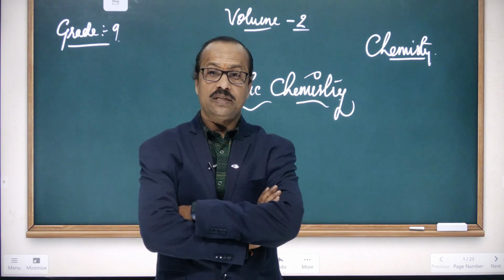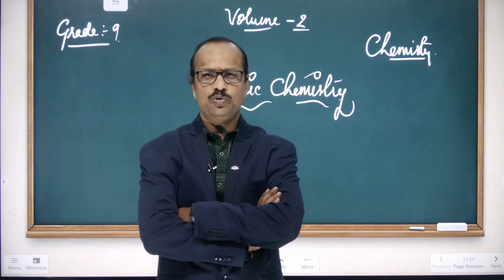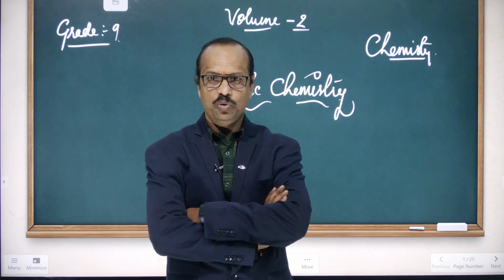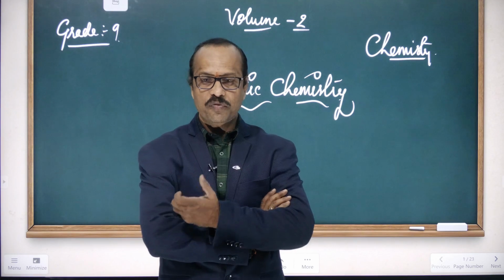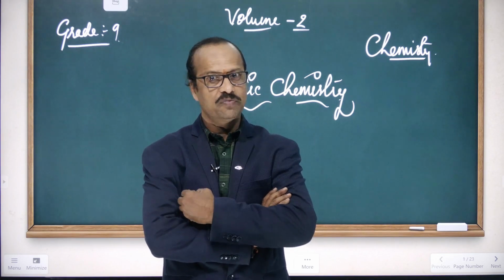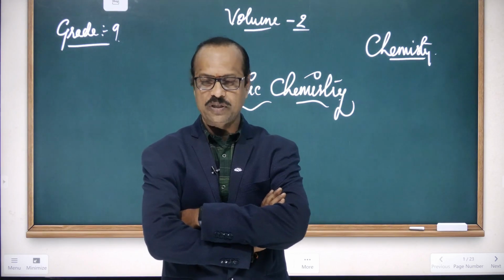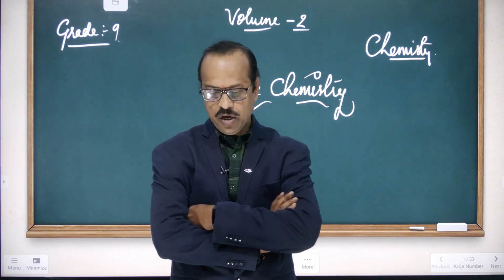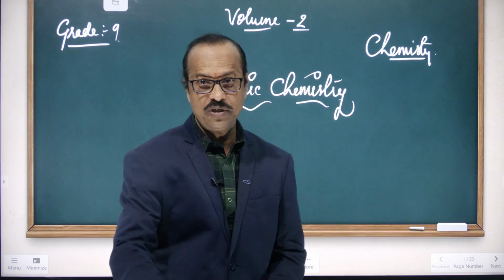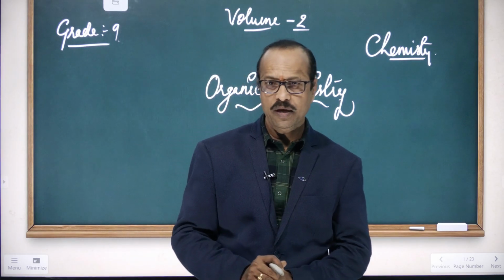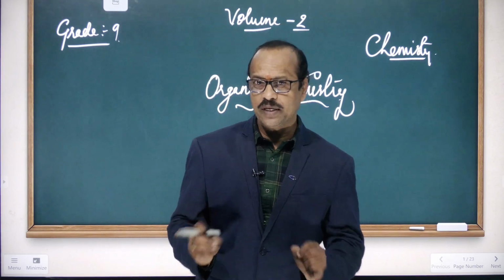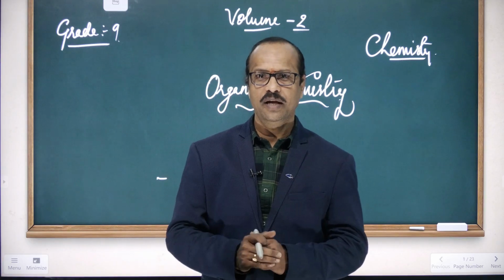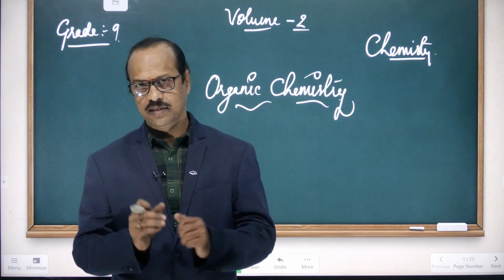So here we discuss so many things, so many compounds. A number of chemical reactions, hundreds, thousands of chemical reactions, thousands of compounds are here in organic chemistry. So that's why students feel it's very difficult. But actually it's very easy, if you understand the concept and if you practice a little.